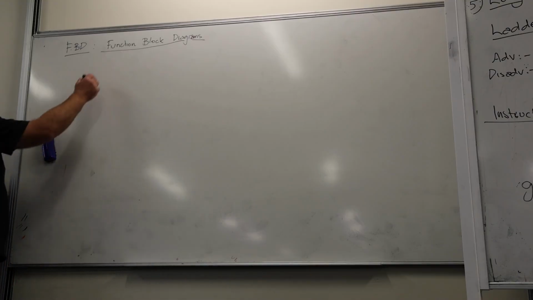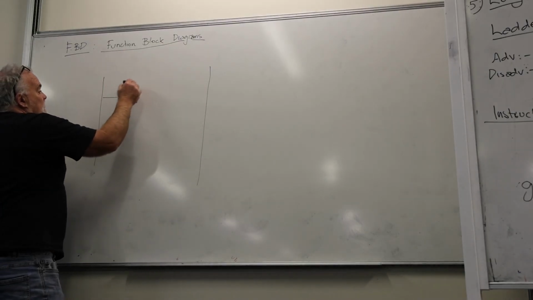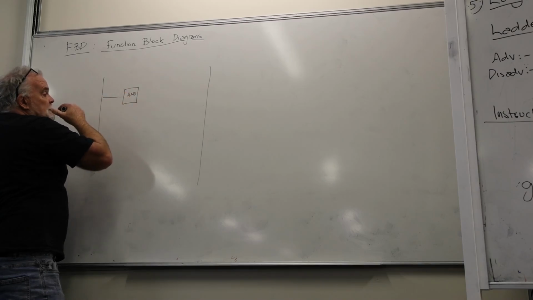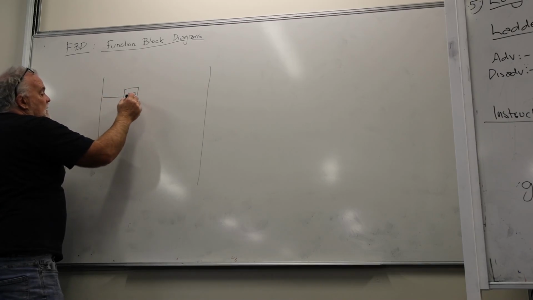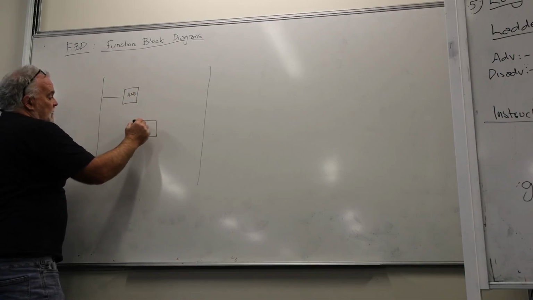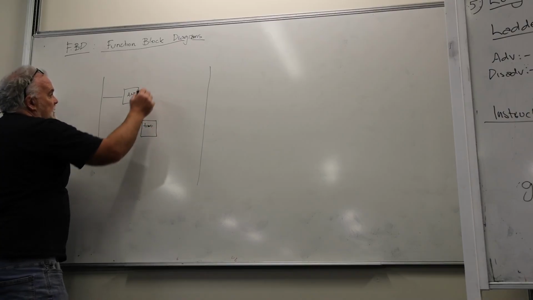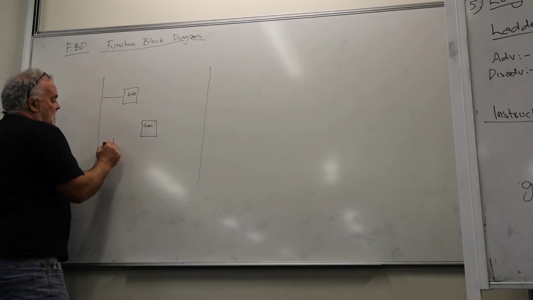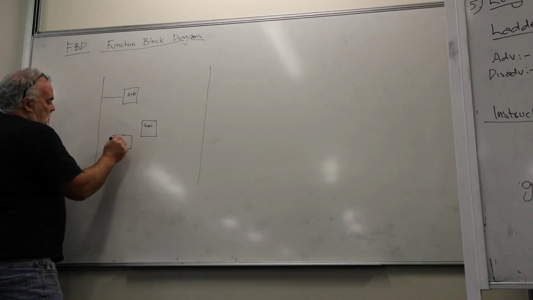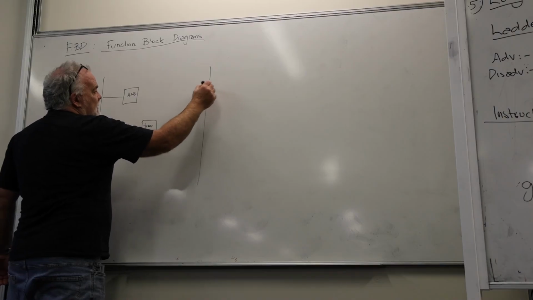So with a function block diagram, I just have blocks, okay? This might be an AND, this might be an OR, some kind of... what other blocks might we have? A timer, and we might have a counter, and we might have some outputs here, okay?